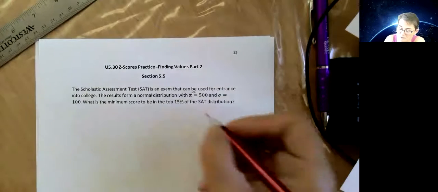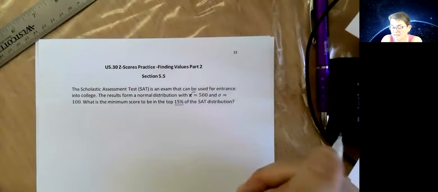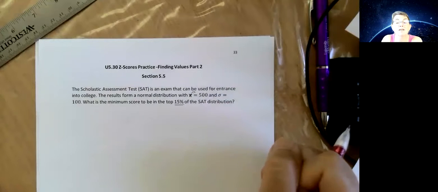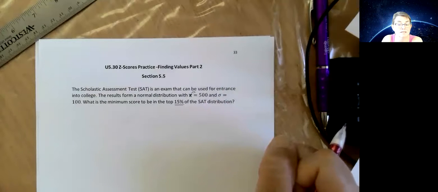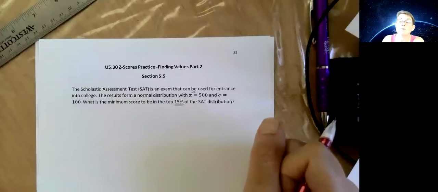What is the minimum score to get in the top 15% of the SAT distribution? All right, people, how about y'all turn off the video and see what you can do with this question? When you're done, or at least gotten as far as you can, either check the answer key or turn the video back on, and we'll see how we do.